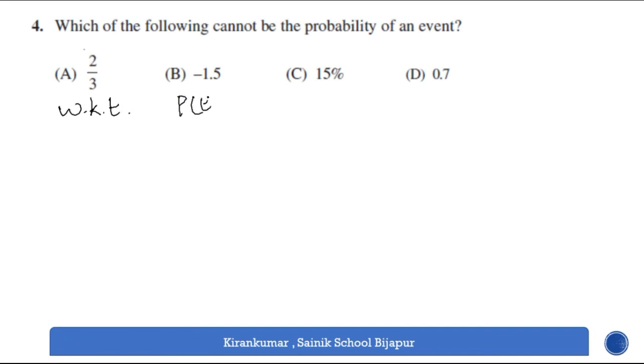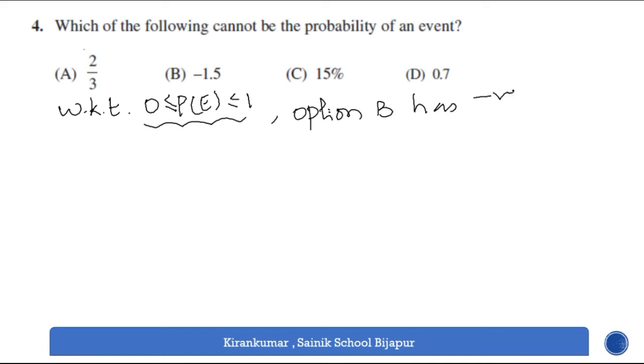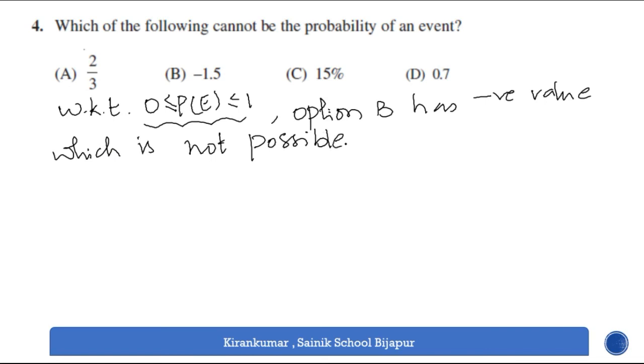Here, option B has a negative value, which is not possible. Therefore, option B cannot be the probability of an event.